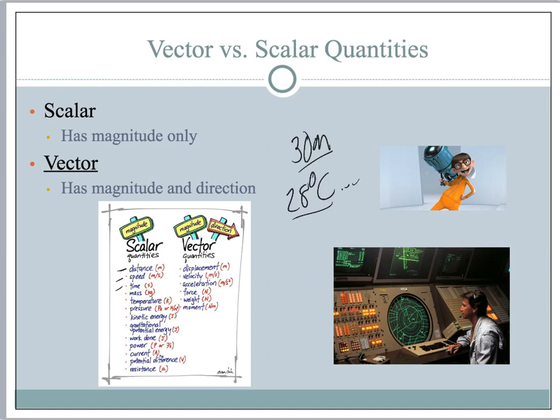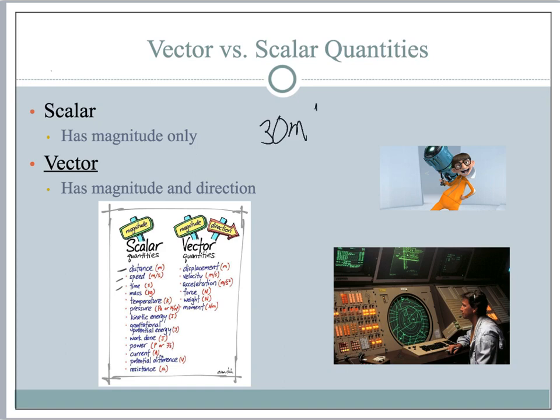On the right, you notice that we have vector quantities. Now, vector quantities are quantities that involve not only the magnitude of an object, but also the direction that it's traveling. This is why if I said something like 30 meters, as it's written, it would just be a distance.